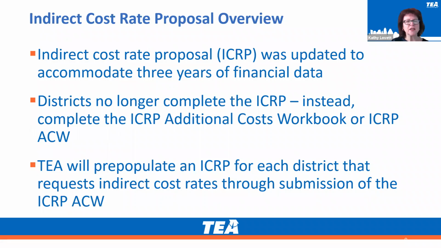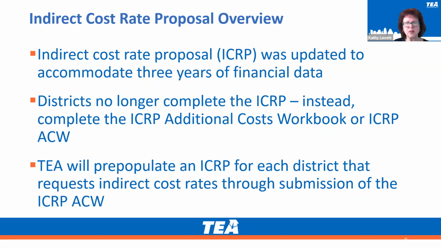So, going into what the indirect cost rate proposal will include. In the past, districts would complete the indirect cost rate proposal themselves. However, when the change was made to include 3 years of data, the indirect cost rate proposal was updated to accommodate 3 years of financial data. Districts no longer complete the actual ICRP.